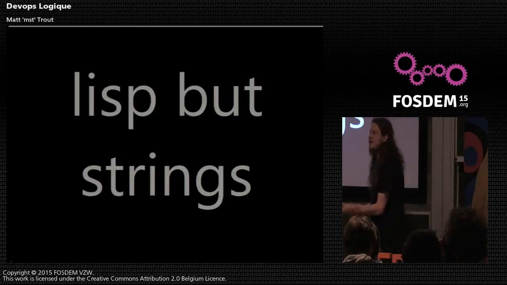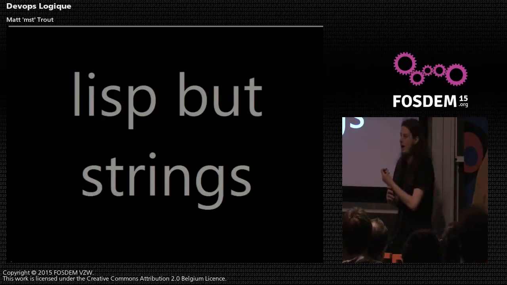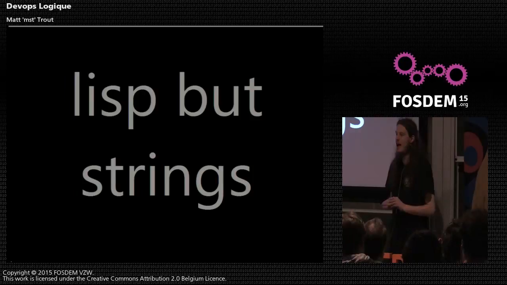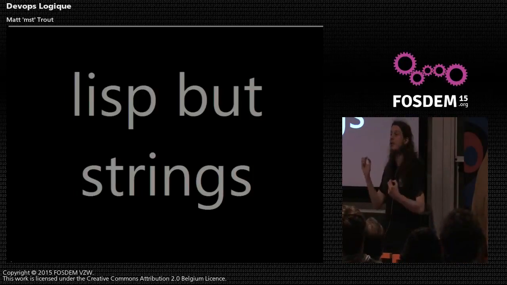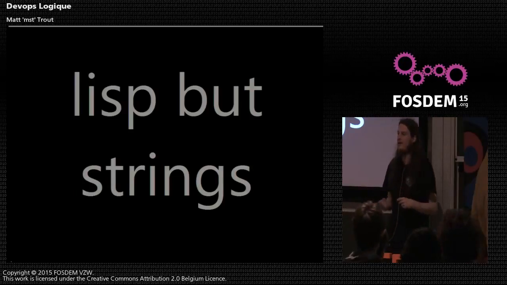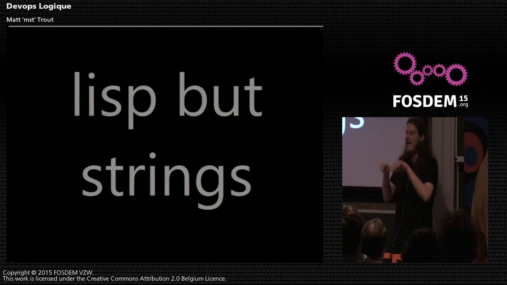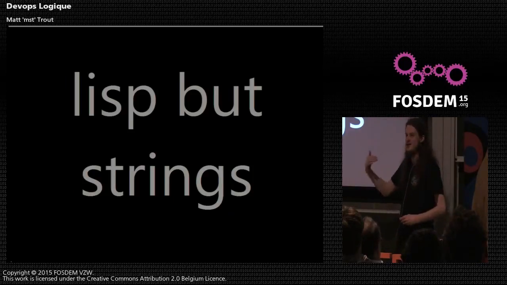TCL is kind of fascinating because it's basically Lisp but built out of strings. To the point where braces in TCL are actually a quoting construct. So if you see in TCL if condition block, the block is just a string. The way the if statement actually works is it only evals the string if the condition is true.